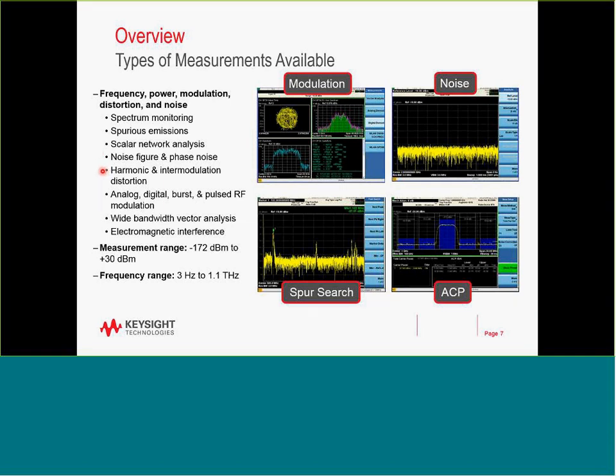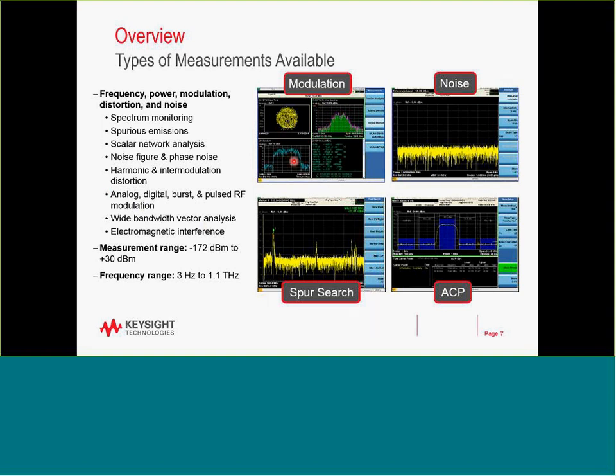It is also good to measure harmonics, or intermod, because if you have two carriers, they can intermodulate, and you can have third order intermodulation, and we'll see that in more detail. And also, if you have FM modulation or digital bursts, you can look at them with the spectrum analyzer.